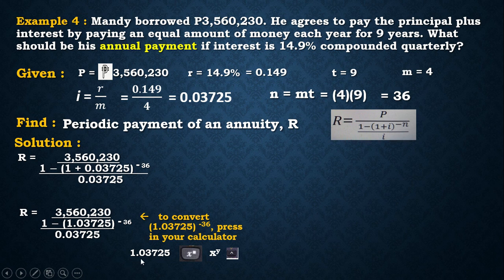After pressing 1.03725, press one of them. And then, the negative sign, because our exponent is negative. And then the 36, which is the exponent. And then, the equal sign. After pressing those symbols and numbers, we convert this and this is what comes out.